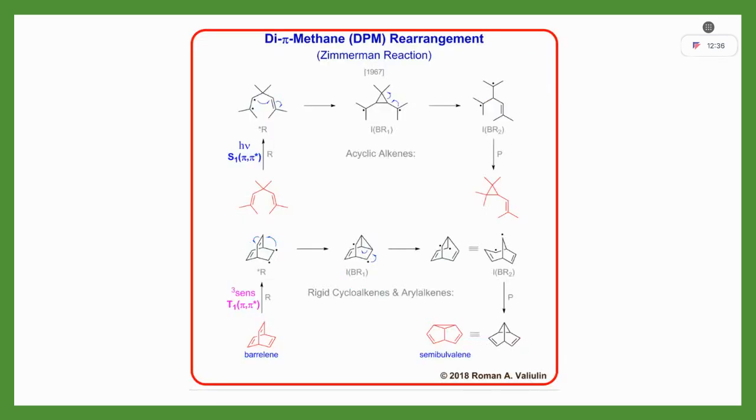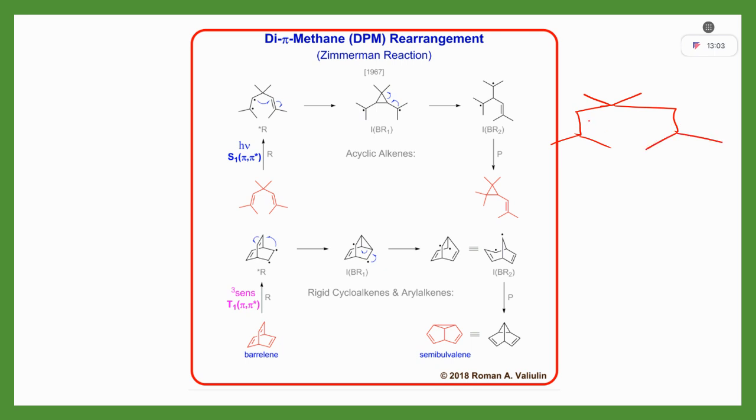Okay. So students, our next reaction is the di-pi-methane rearrangement. In 1967, Zimmerman first proposed this reaction, right? You first learn how to solve this type of question, then we will solve problems related to this reaction.